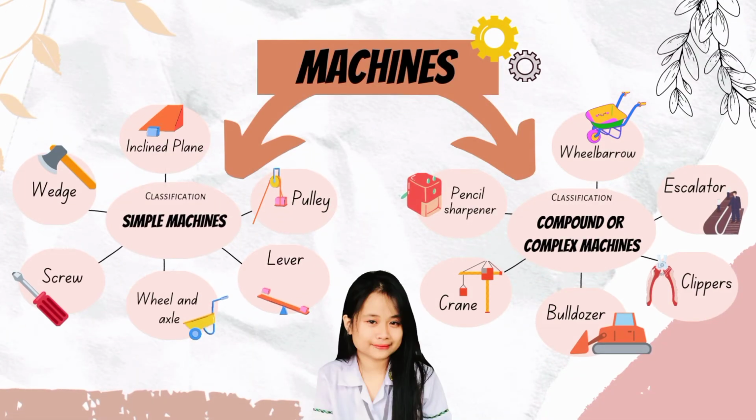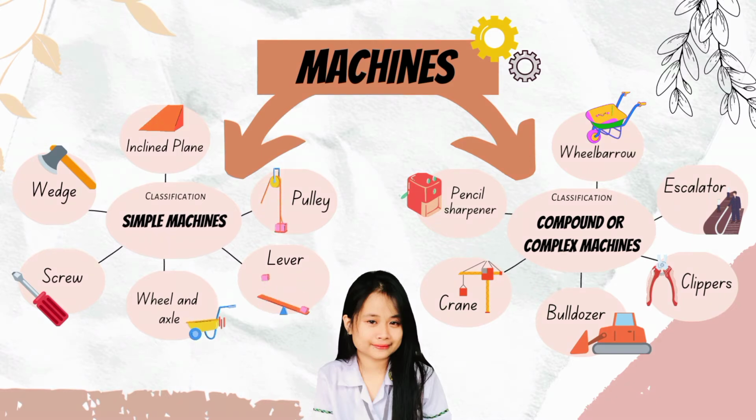Machines can be classified as simple machines and compound or complex machines. In simple machines, there are 6 kinds. Those are inclined plane, wedge, screw, wheel and axle, lever, and pulley.